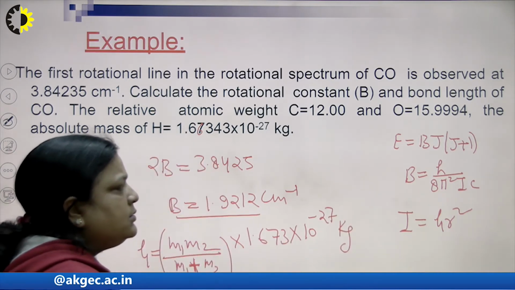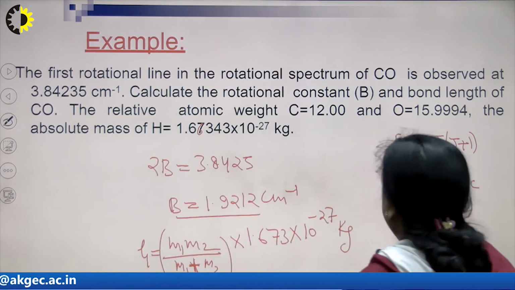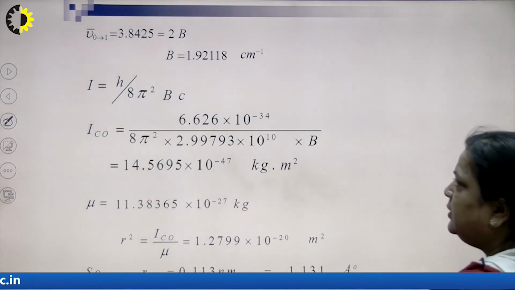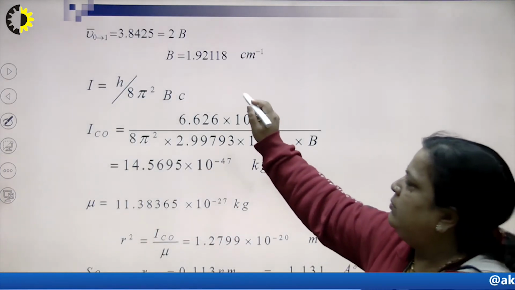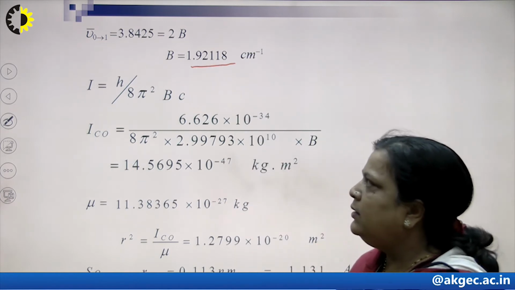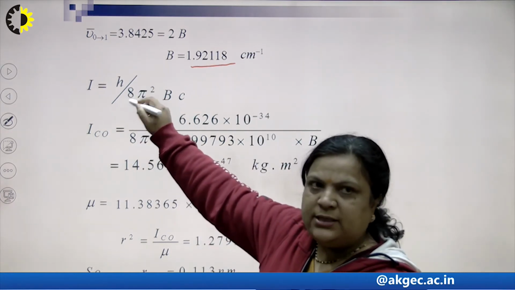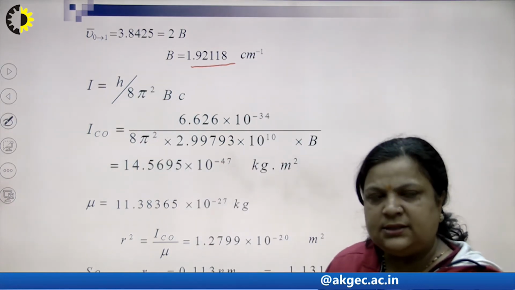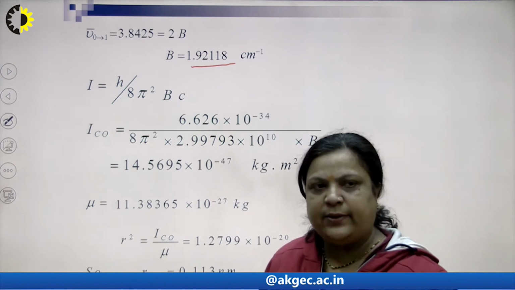Okay. So, first calculate I from this formula. B is 1.92118, and I is equal to h upon 8 pi square B c. Is this clear? Because B is equal to h upon 8 pi square I c.